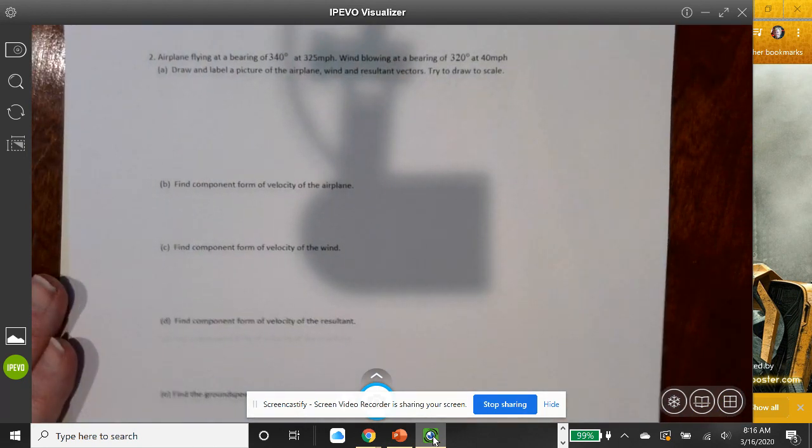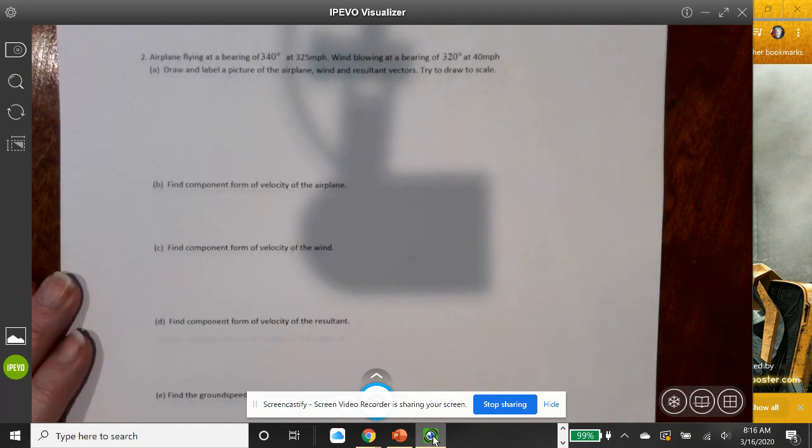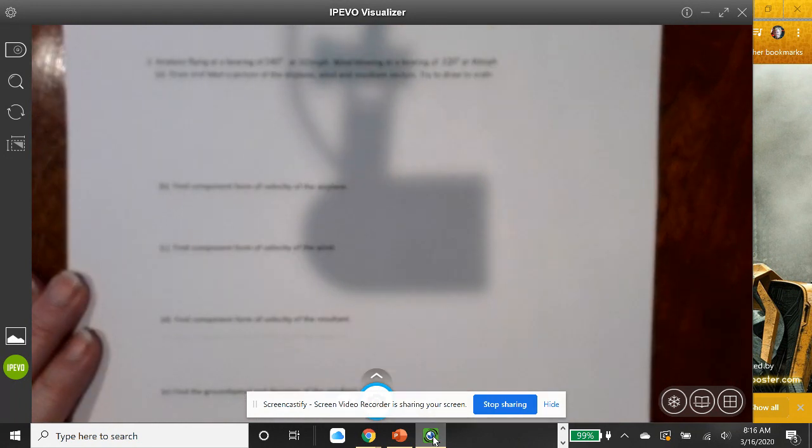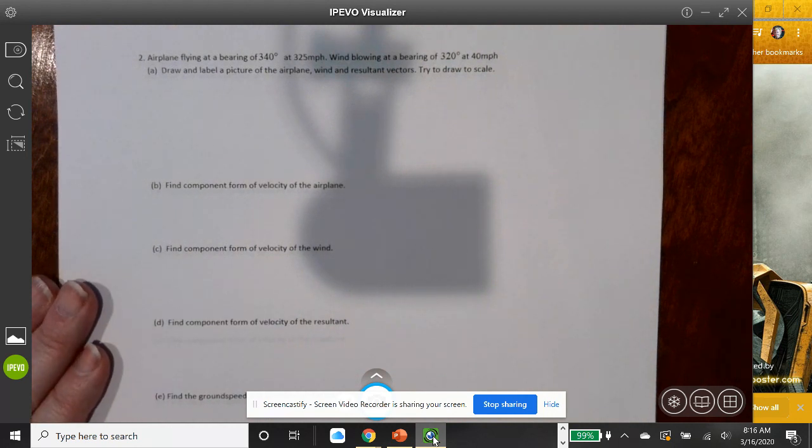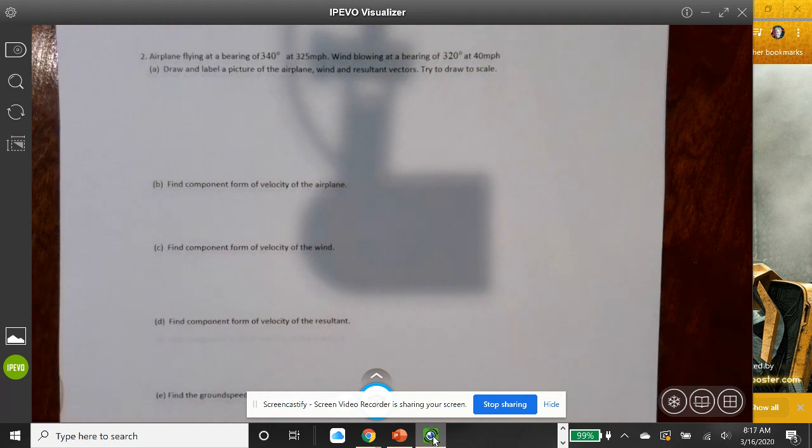All right, so these are great problems because when airplanes are flying, they have things that work on them, such as wind. And so I like to do these problems because they're real life and they're fun to do. So let's think about this one. An airplane is flying at a bearing of 340 degrees at 325 miles per hour.